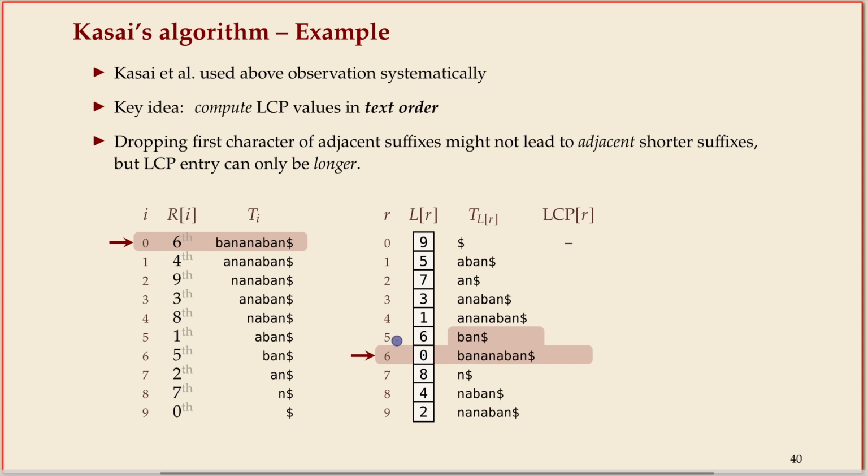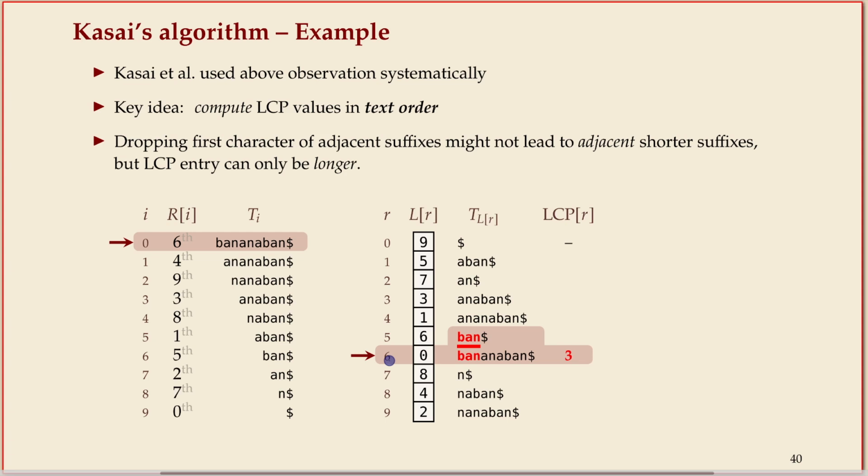If I know that, I can go to position 5, the previous one. That's this one. And I can check how many characters they share. Now this I do naively, so I go through the characters one after the other. They share these, they share this, but then it's done, right? Then the shared prefix stops. So I determined one longest common prefix entry, namely 3 at position 6.